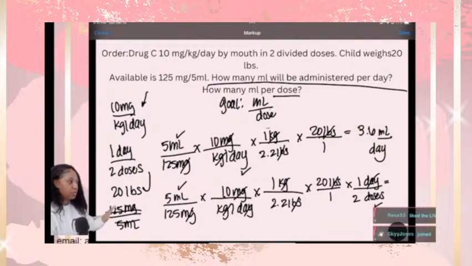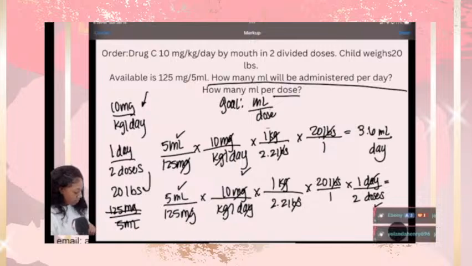So you see how you would do that. That's like when you look at those different problems and they say per day or per dose. This is the difference. So I'm just trying to show you how you look at the wording and at what the question is asking you, and that's how you would solve it. Okay.